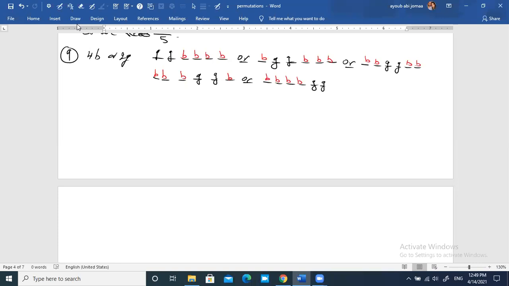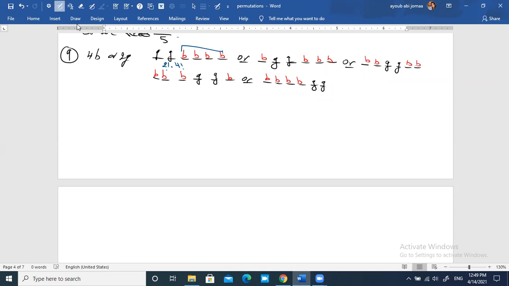Number of ways: for the girls here we have 2 factorial, because you are arranging 2 elements in a row. For the boys, we are arranging 4 elements, so times 4 factorial.